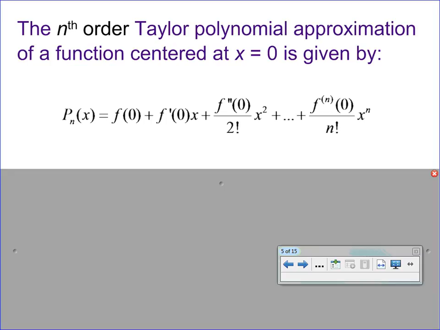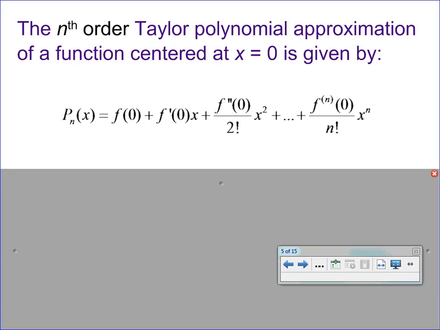How come? Well, the Taylor polynomial is an approximation. It's a partial sum that represents the function. The series is the infinite sum that represents the function. If the series converges, then the Taylor series equals the function over the interval of convergence.